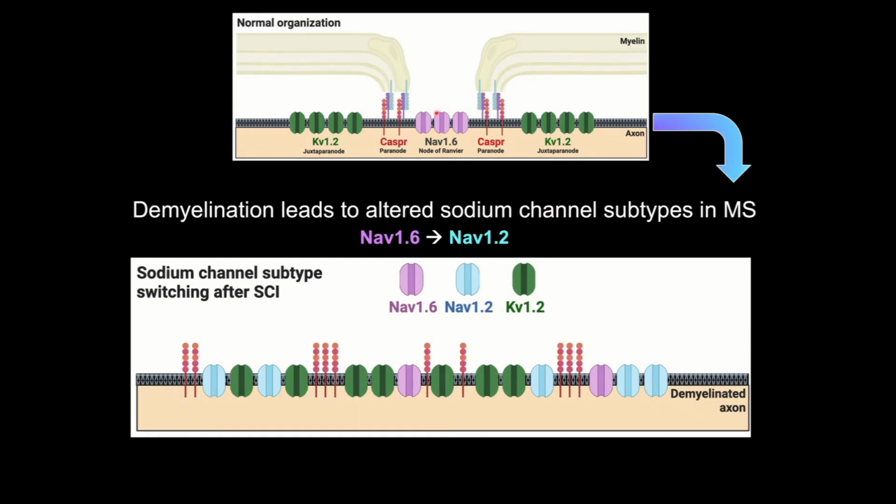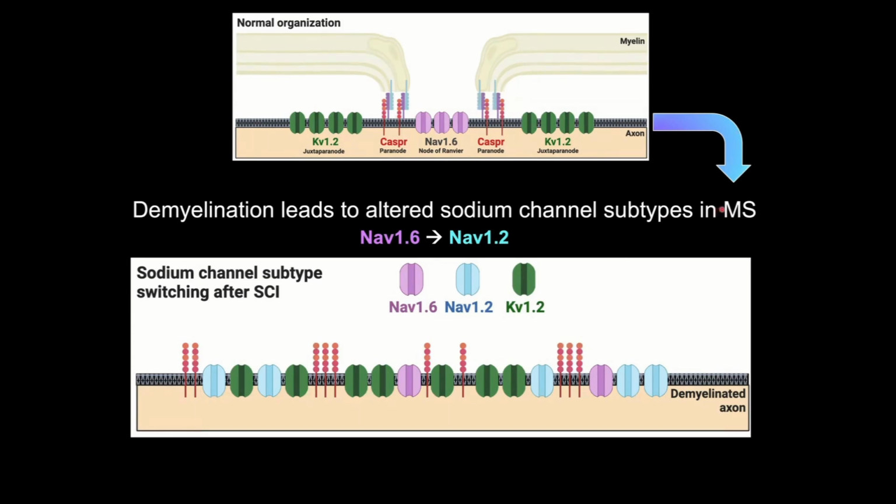So the adult CNS expresses sodium 1.6 channels, so NaV 1.6 type channels, but during development, there actually is a subtype called 1.2 sodium channels. As animals develop and myelin is formed, these channels switch to 1.6. So in the adult CNS, you only see the 1.6 channels.